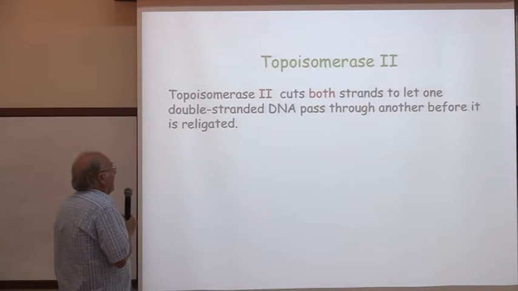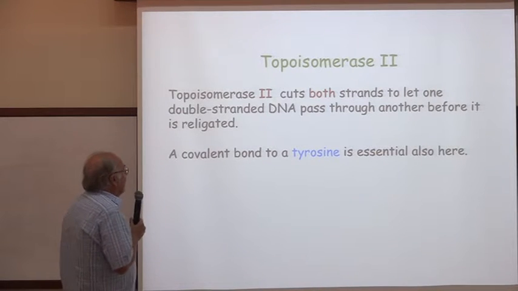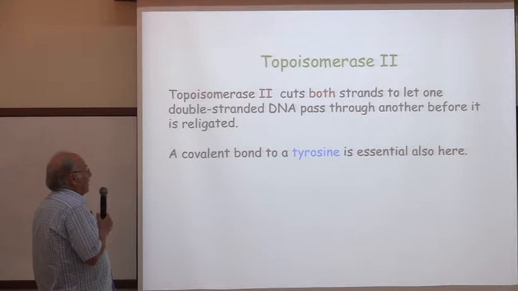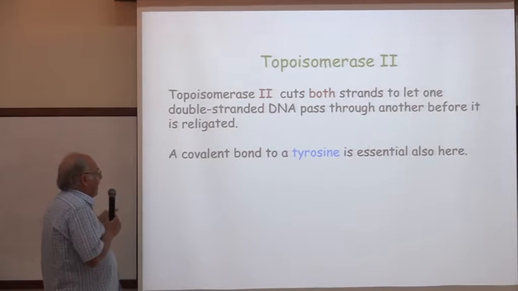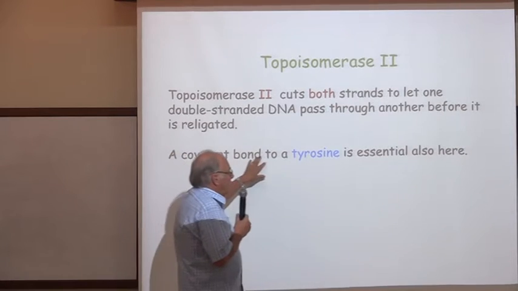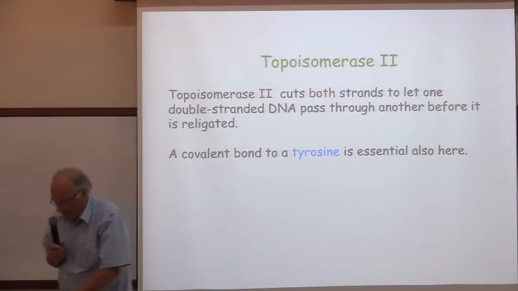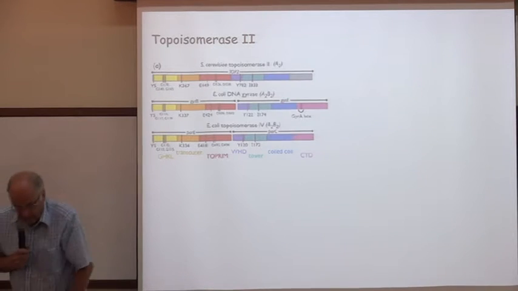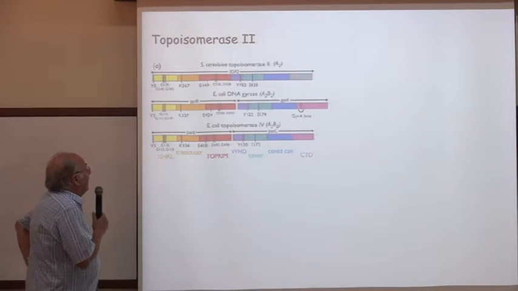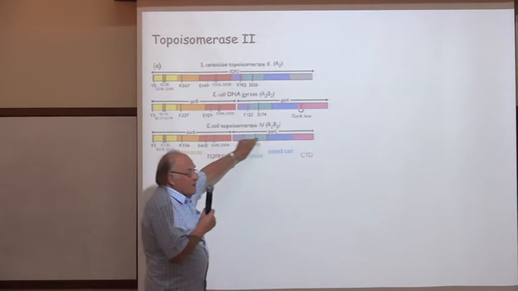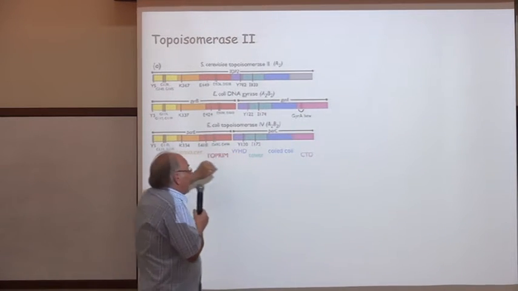Topoisomerase 2 cuts both strands to let one double-stranded DNA pass through another before it's religated. And also here there is a tyrosine which is involved in holding on to the cut DNA. And here's a whole family, and the different colors here along the amino acid sequence illustrate the domain arrangement.